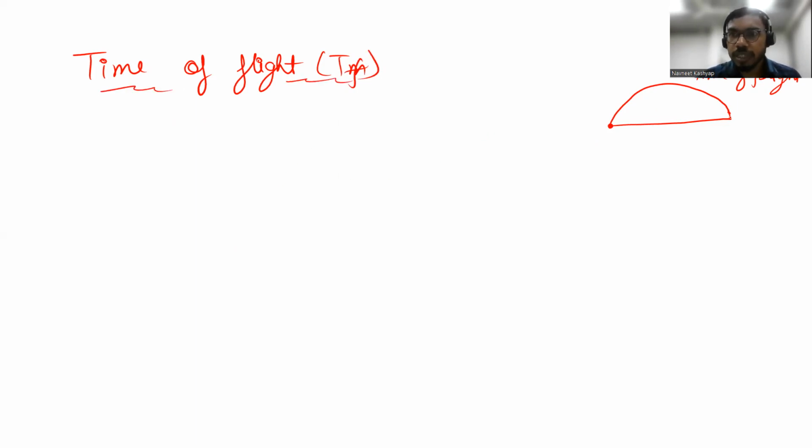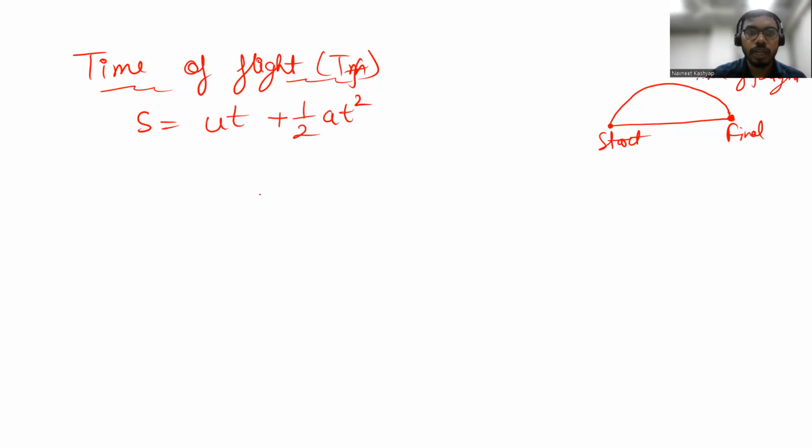We see that in the vertical direction, at the start and at the final point, the projectile is at the same vertical height. So if we use the second kinematic equation, which is distance is equal to initial velocity times t plus half a t square, in the vertical direction, the initial velocity is v naught in the y direction, time is time of flight, minus half g time of flight square.